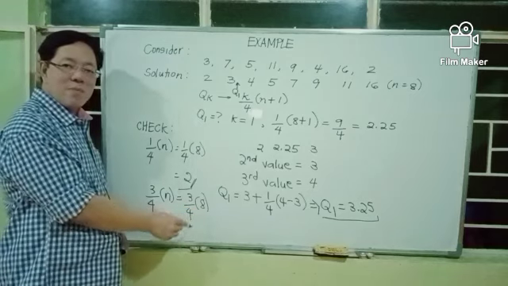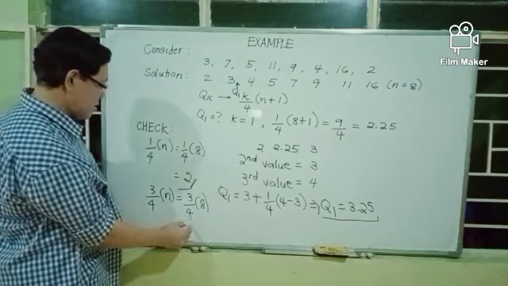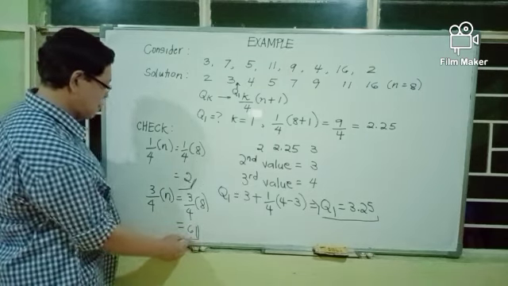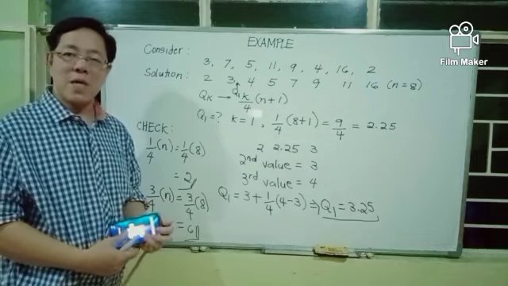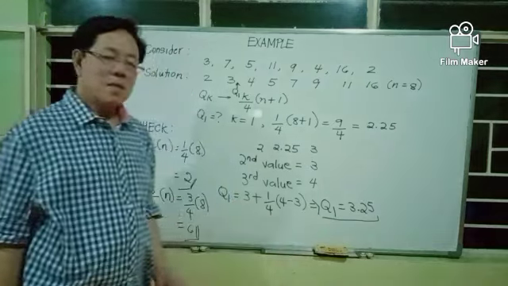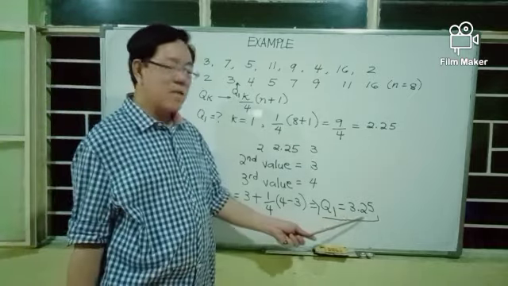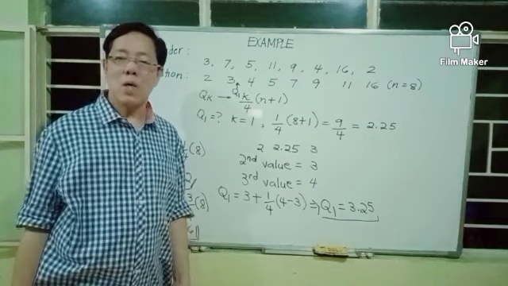And we have 8 divided by 4 is 2, multiplied by 3 is 6. At most, 6 values are greater than 3.25. So the number of values greater than 3.25 can be 6, 5, 4, 3, 2, 1.